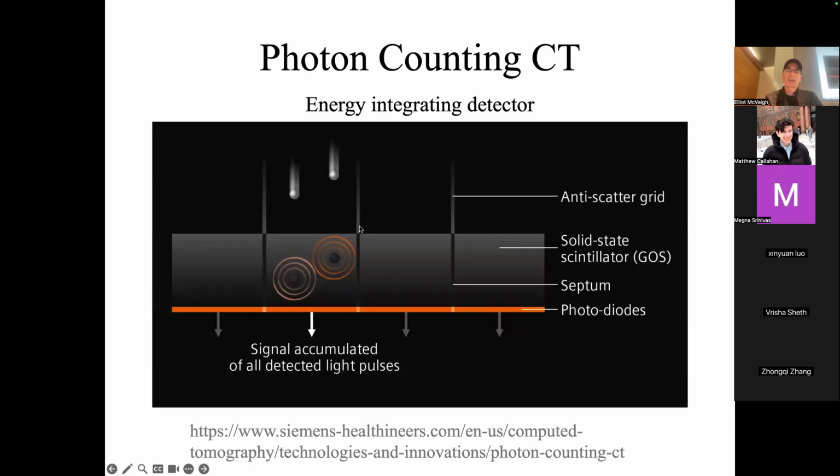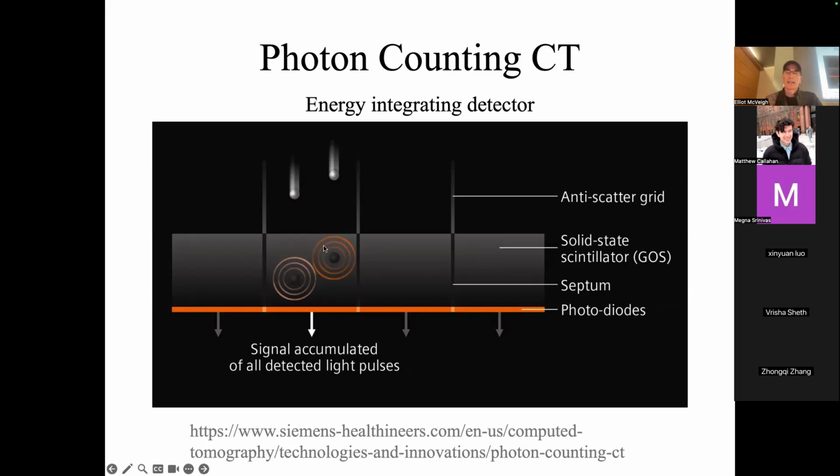You have an anti-scatter grid such that photons that are scattered and coming at a big angle get absorbed by the anti-scatter grid. Those that are coming straight from the source come down and they cause a scintillation in some kind of solid state material. That scintillation gives off light. It's like poof, literally a flash of light. You put mirrors on the side here so that the light stays inside each energy integrating detector, right?